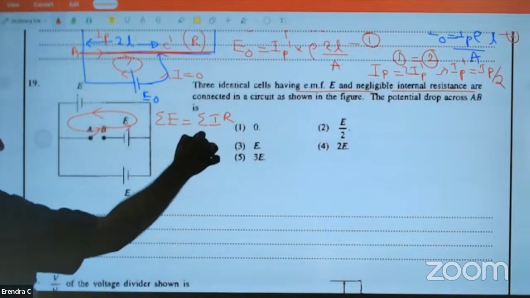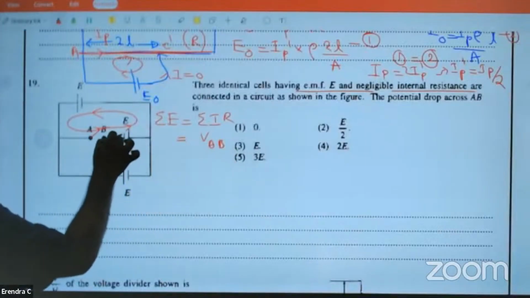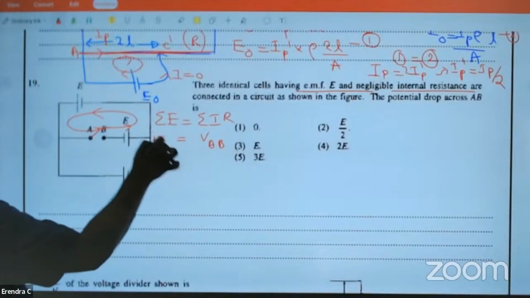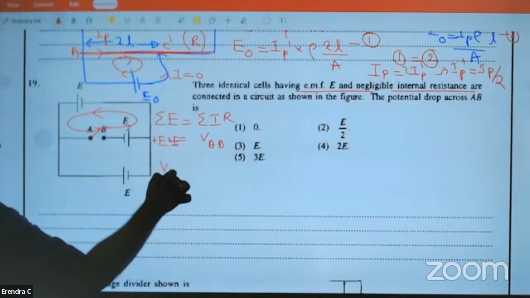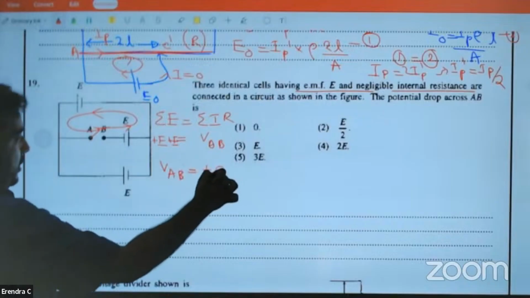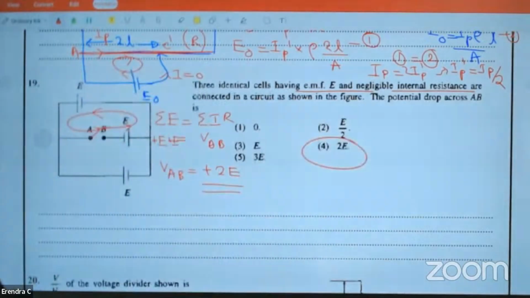A to B means VAB. The loop is going from minus to plus, so positive. VAB is equal to positive 2E, which means answer number 4.